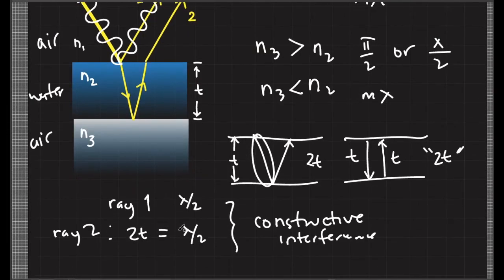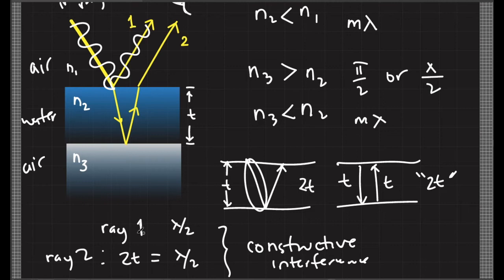So here, for constructive interference to occur, if ray 1 has a path difference of lambda over 2 with respect to the incident ray, then this reflected ray on medium 2 must have a path difference of lambda over 2 so that the interference pattern produced by ray sub 1 and ray sub 2 will result in a constructive interference.